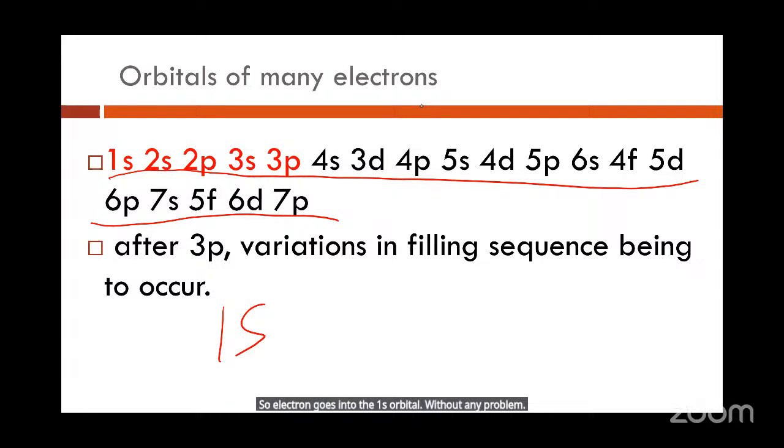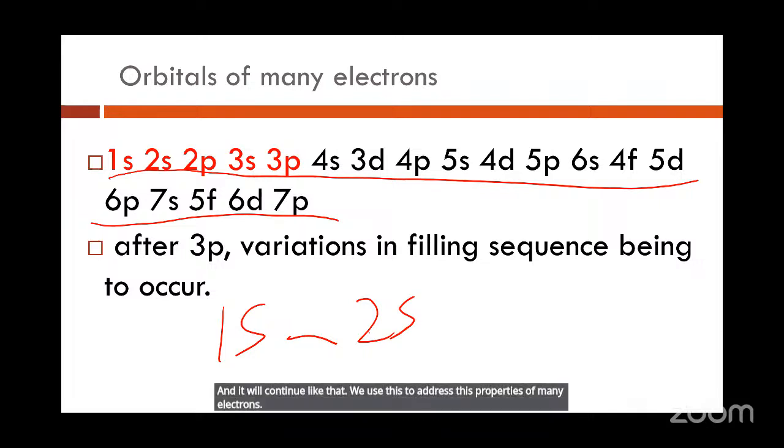When 1s is filled up, then the next available orbital is 2s, and it will continue like that. We use this to write electronic configuration for many electrons.